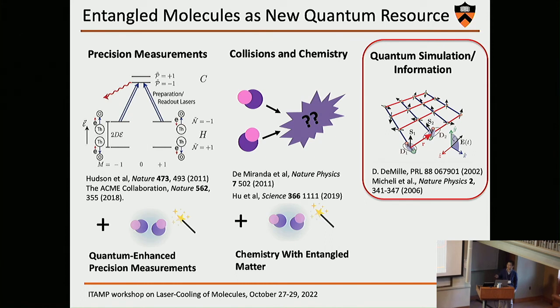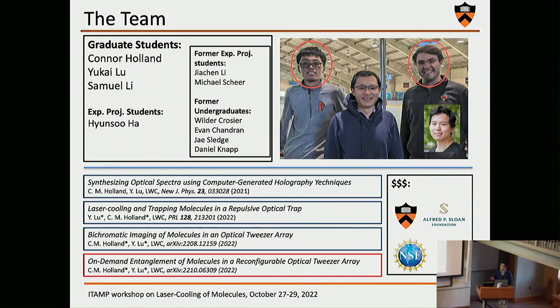And if you think of it that way, with further work in the community extending these techniques to larger molecules, it potentially opens up new possibilities such as precision measurement that goes beyond the standard quantum limit, and also exploring molecular collisions and perhaps chemical reactions using entangled pairs of molecules.